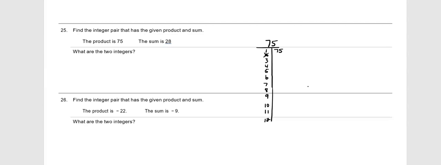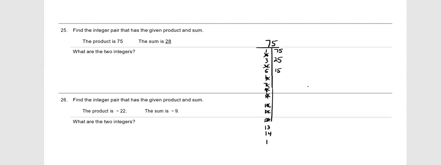75 divided by 3, and we put 25 here. 75 divided by 4 doesn't divide evenly, so we skip that. 75 divided by 5 is 15. 6 does not divide evenly, 7 does not, 8 does not, 9 does not, and 10, 11, and 12 don't either.